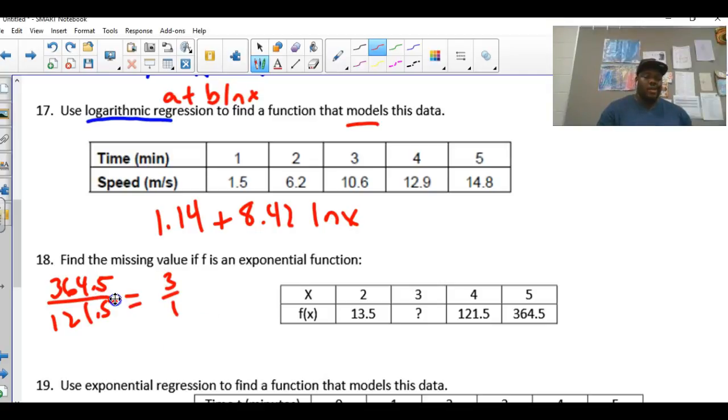You can do that in your calculator. You'll get 3. So since I know that's 3, if I take this term, 13.5, and multiply by 3, it'll give me 40.5.